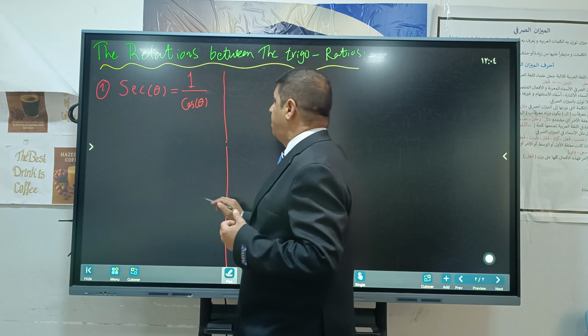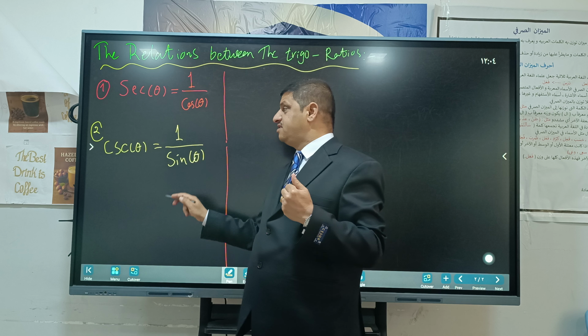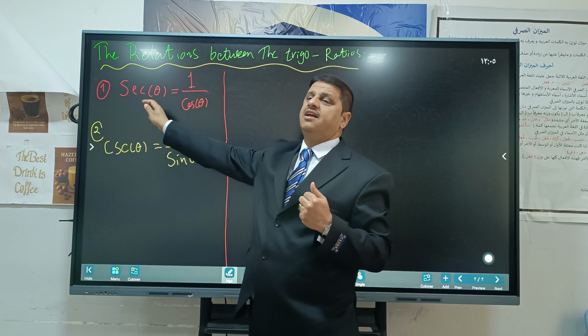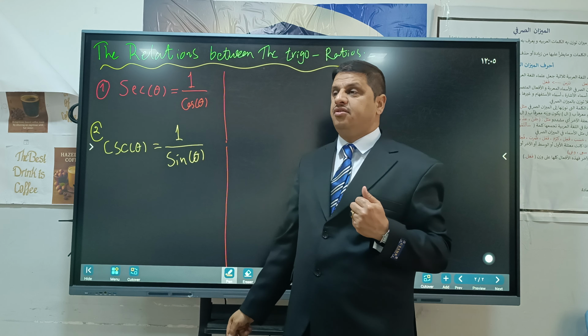Now, I have a second quantity. It is cosecant of theta equals 1 over sine of theta. You know, these two quantities, it is the converse, not the inverse, of the cosine theta and sine theta. We call it secant of theta and cosecant of theta.